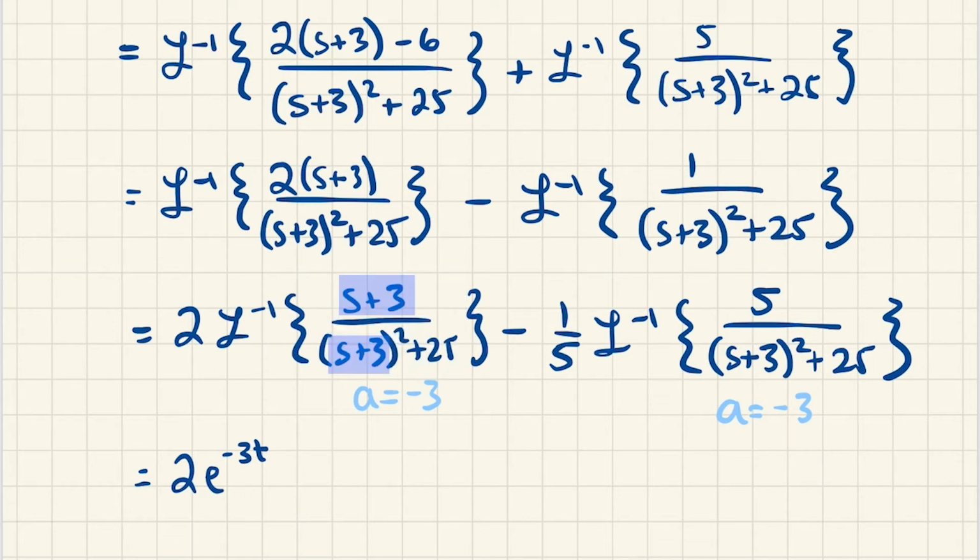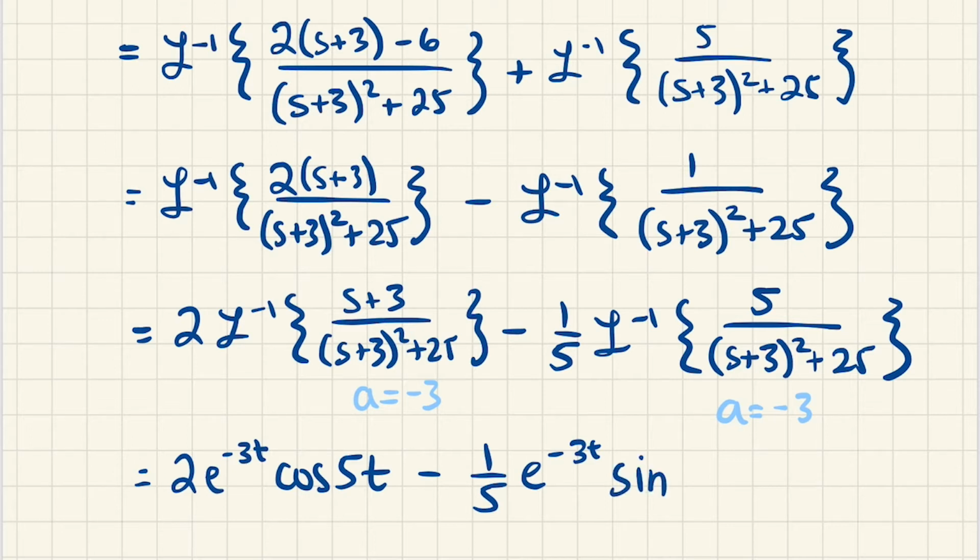So we would now get cosine of 5t and minus 1/5. Again, because of the shifting, we're going to have e to the -3t. And now we can just say, well, the rest of this is going to be sine of 5t. And there we are. There's our final answer.